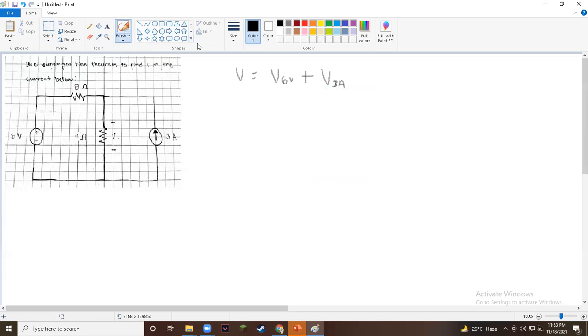Ayan, so first, ang gagawin natin is kunin natin yung conductance ng ating 4 ohms. 4 ohms. Dito tayo sa side ng 3 ampere.